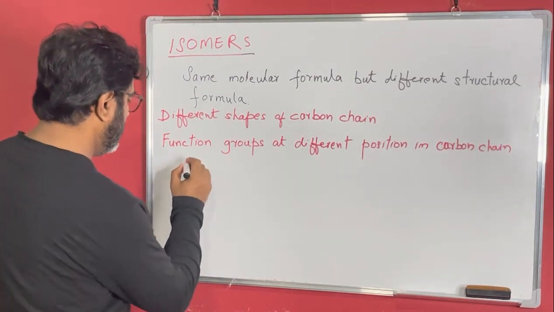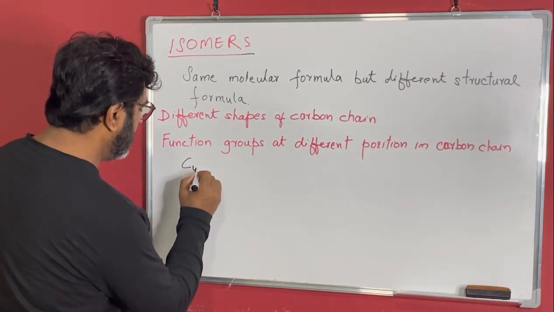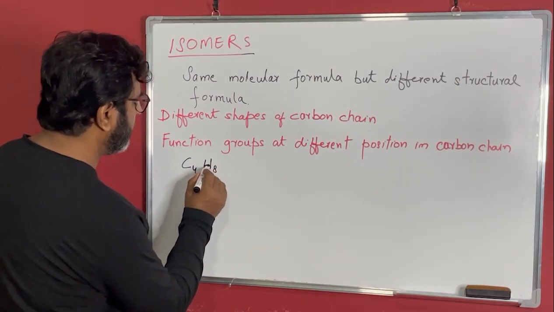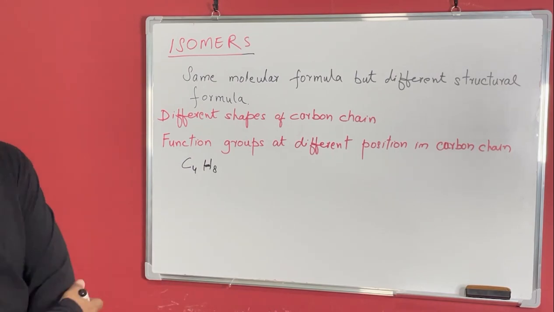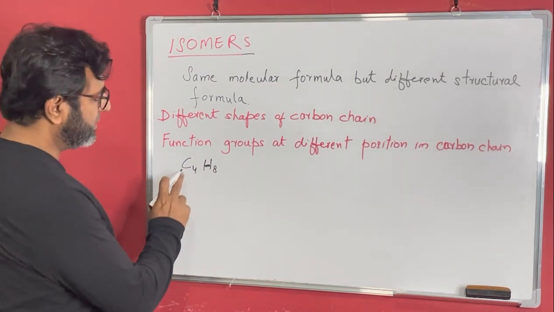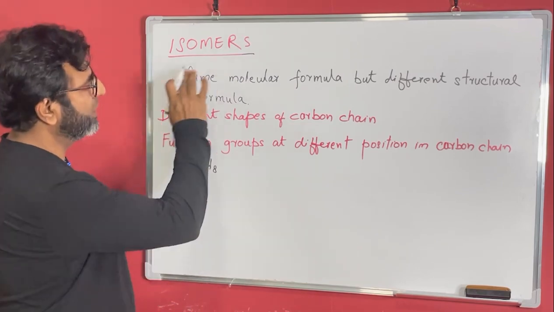For example, let's have C4H8. This is the molecular formula of butene. We'll talk about how to name these chains later, but right now I'm trying to explain isomers.